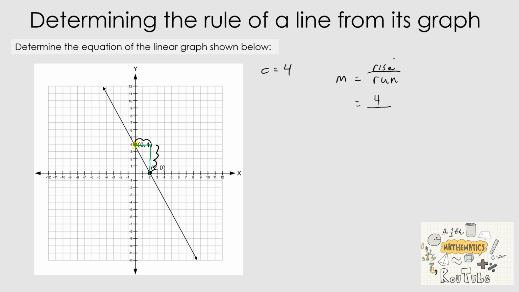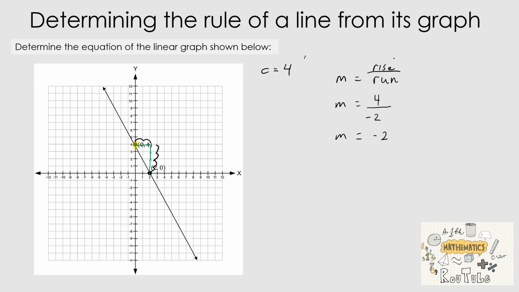So when we run to the left, our run's going to be negative. Just like when we rise down. If you rise down or run left, it's going to be negative. So then now our m is equal to 4 divided by negative 2. Hopefully you can identify that should be negative 2.